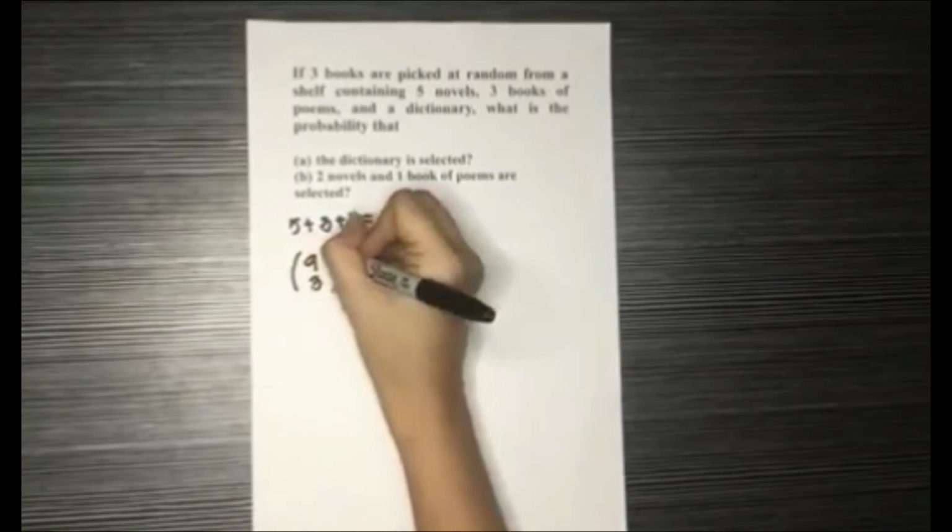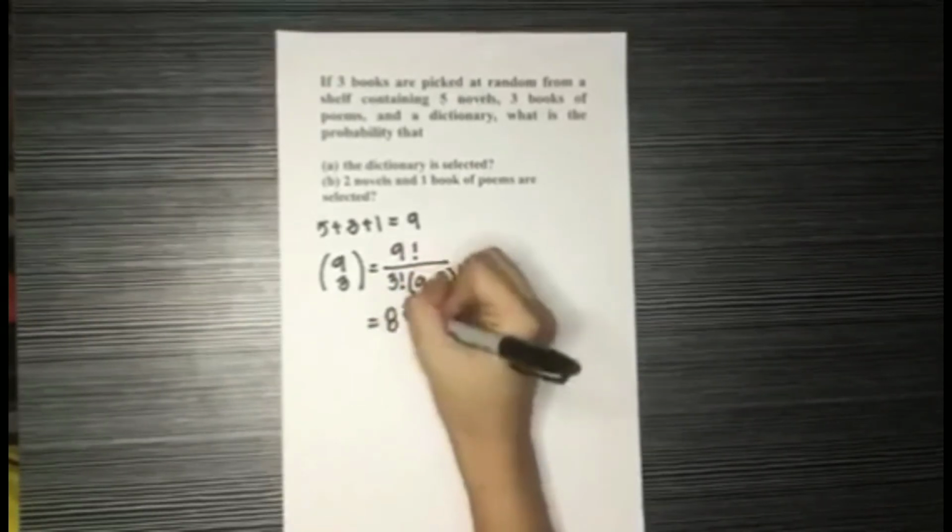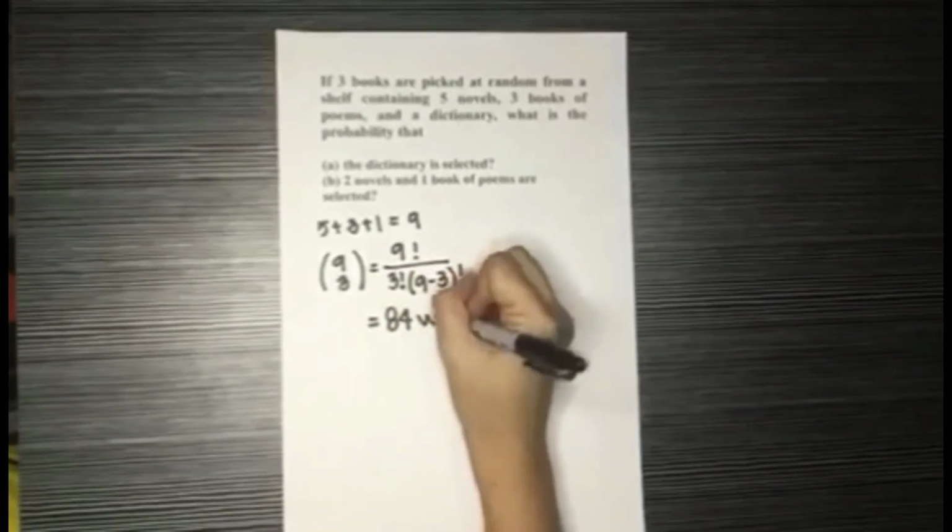To calculate the number of ways of choosing 3 out of 9, we need to use combinations, since the order is not important. Therefore, there are 84 ways.